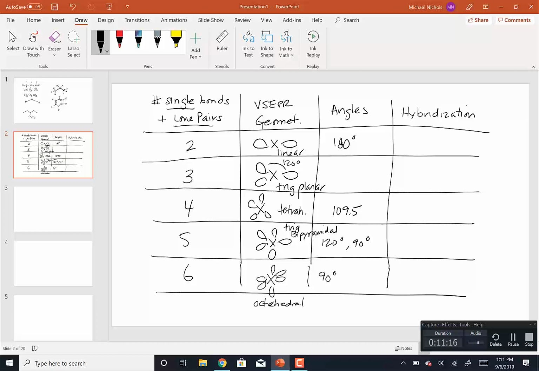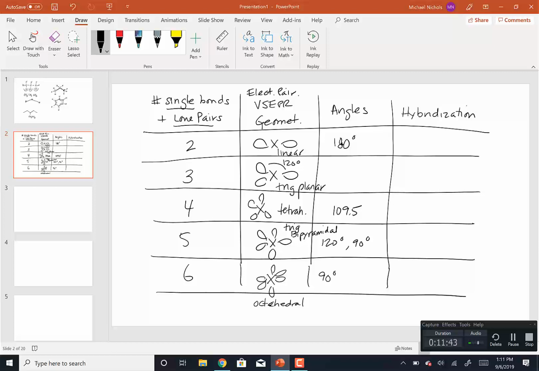Okay. These are what I call the electron pair geometries. Those are the ones I want you to know simply because there's a direct correlation between these electron pair geometries and those clouds and the hybridization.